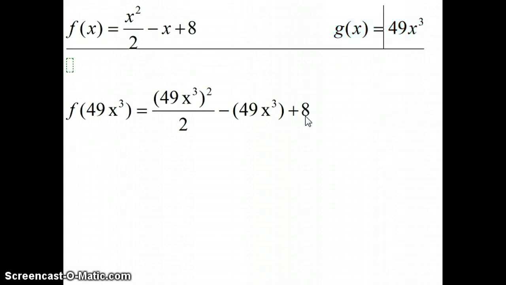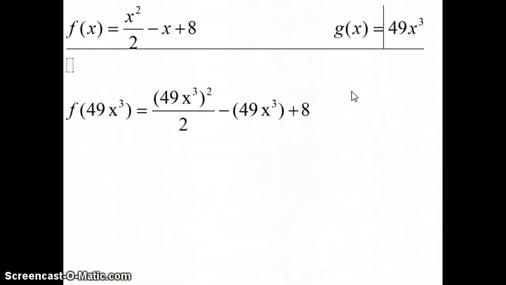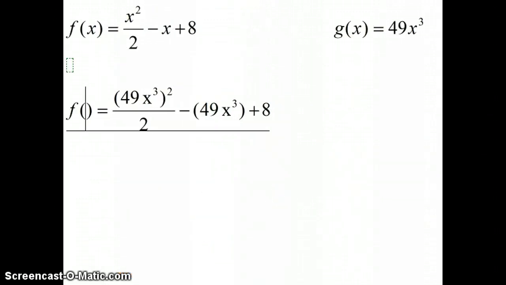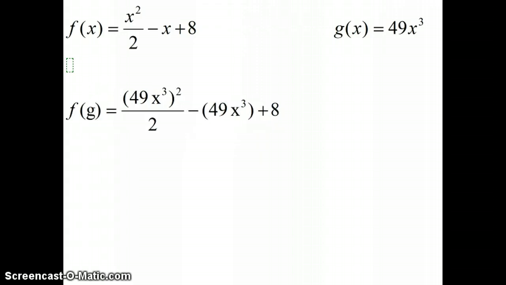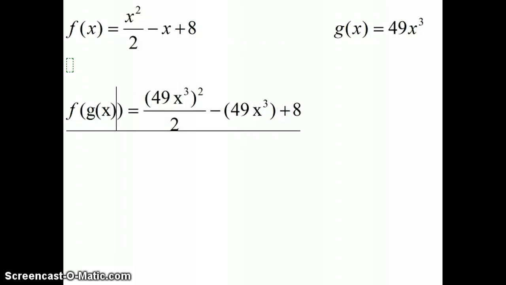Looking at some of your problems here, this would read, find g composed with f of x and f composed with g of x. That's all that we're doing: we're taking one and throwing it inside of the other. So if I wanted to find, I have to remember how this goes, I think it's f composed with g of x.